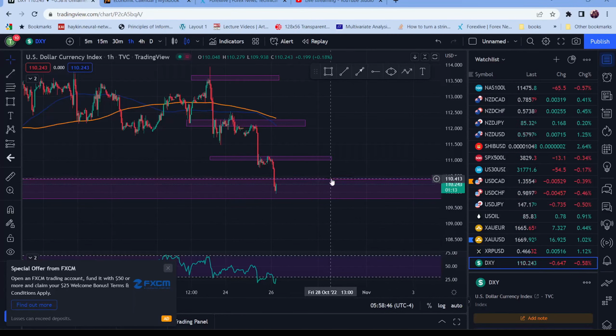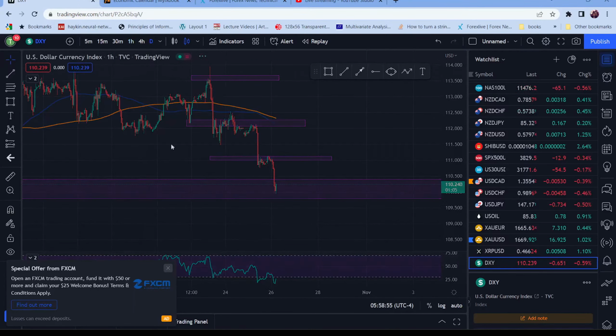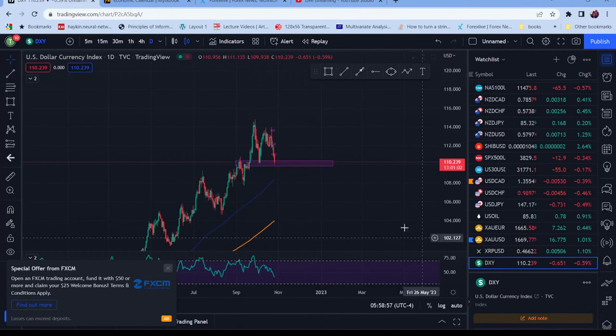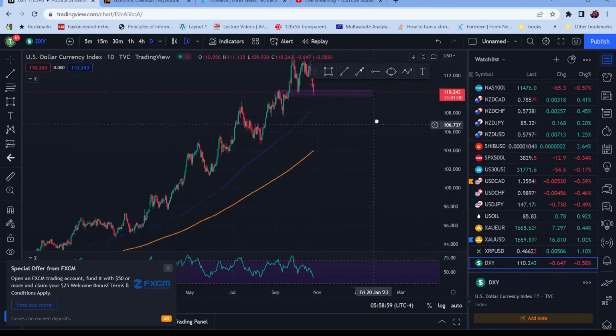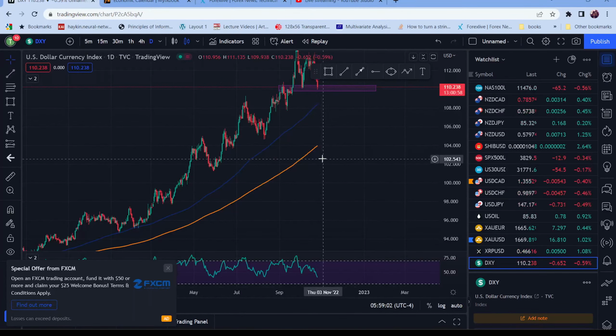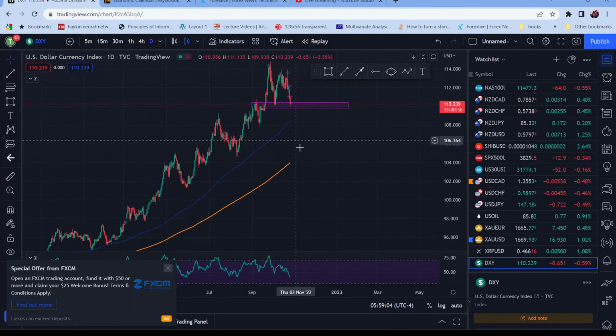So there isn't really a need to start selling the US dollar frantically or anything like that after we've seen these drops, because again, on the daily time frame and with the overall trend, we are continuing this upward movement, right? And we've been doing so heavily.